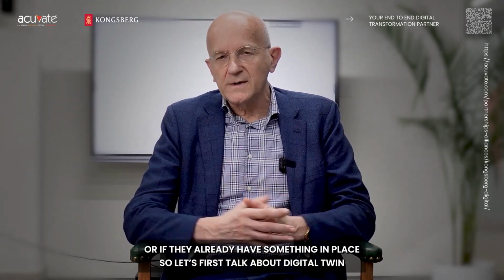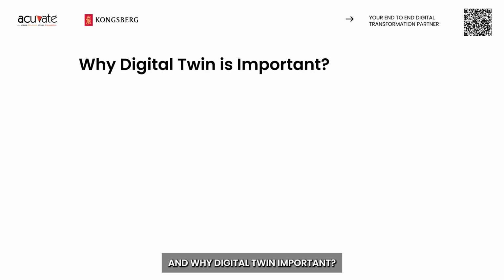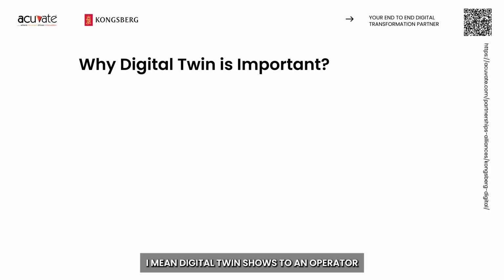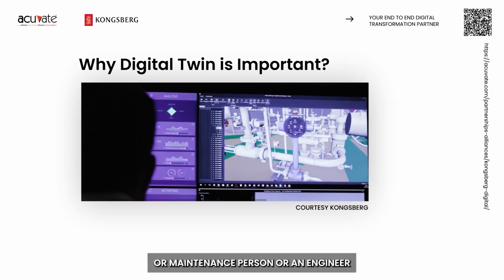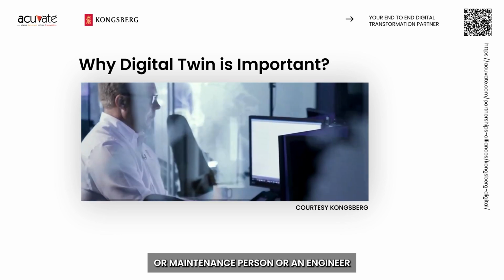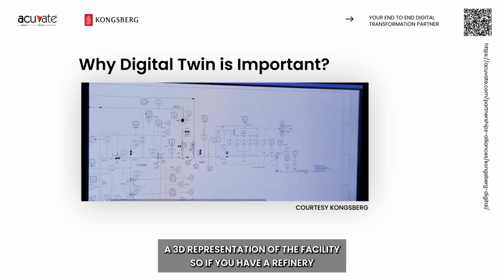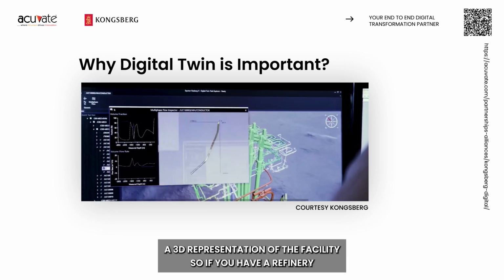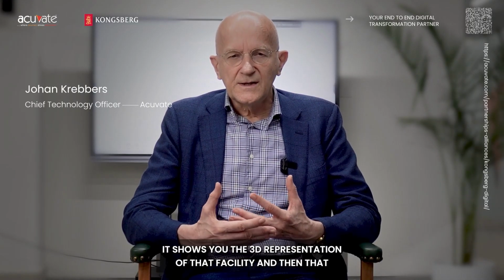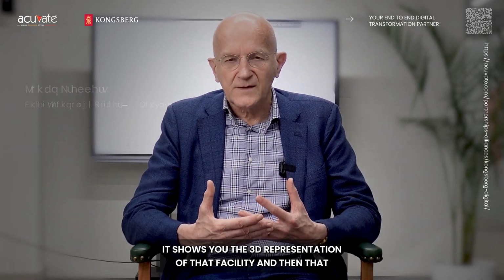So let's first talk about digital twin. Why is digital twin important? A digital twin shows an operator, a maintenance person, or an engineer a 3D representation of the facility. If you have a refinery, a chemical plant, a production platform, a wind farm, whatever you have, it shows you the 3D representation of that facility.